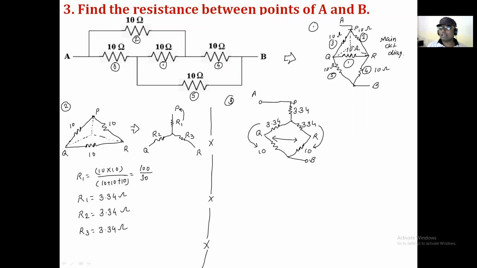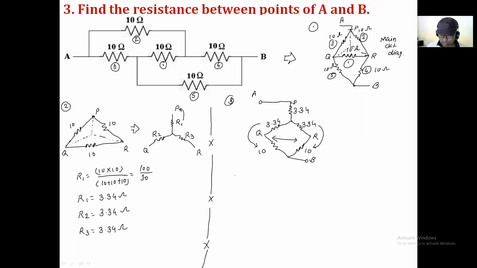Then this total resistance of this combination, how is it connected with this 3.34? Series. It means that just by converting the delta into star, you can easily apply the series and parallel circuit rule. This is the importance of delta to star or star to delta conversion.